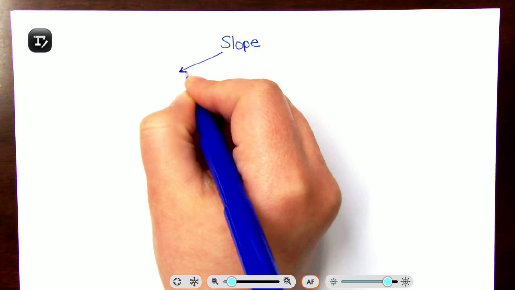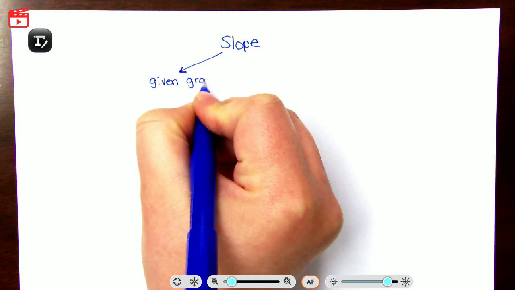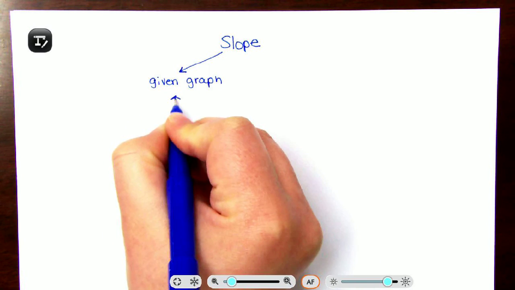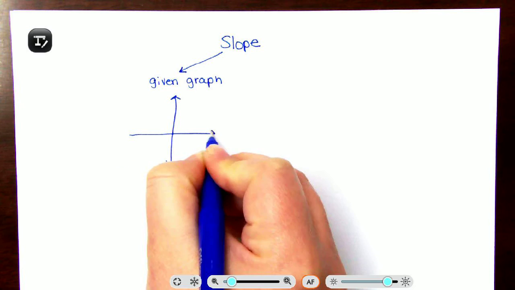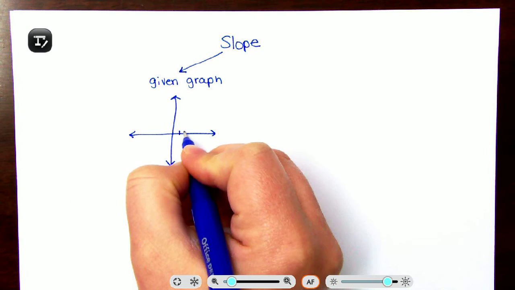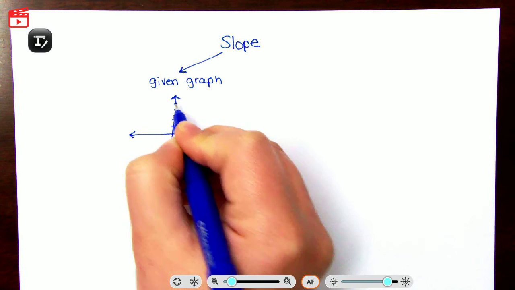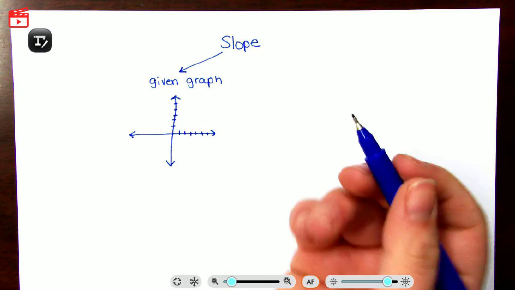So if we have a slope and given to us is a graph, something like this, and we have a line, or you can even have points, but typically you'd have a line because you want the slope of a line.